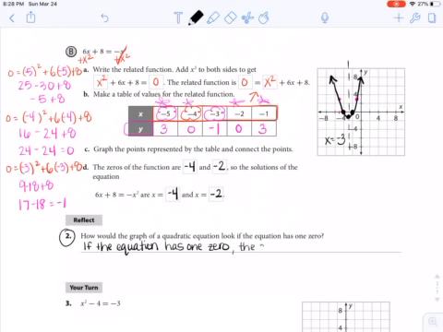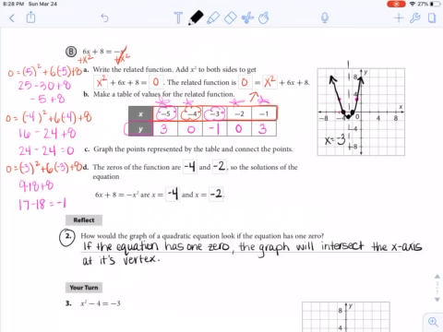The graph will intersect the x-axis at its vertex. Okay, so make sure you guys get that written down.